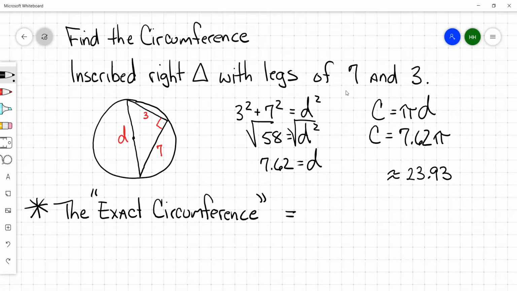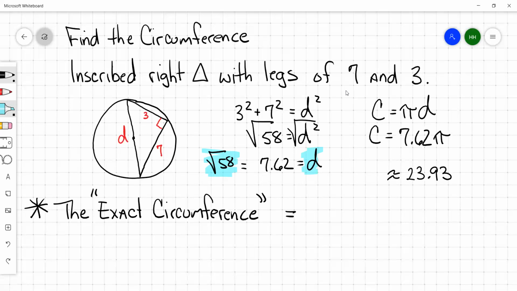All right, let's go back a step here. Right here, if we would have stopped at d equal to the square root of 58, okay? This is the exact diameter, okay?